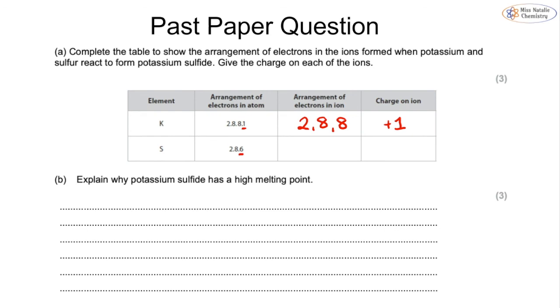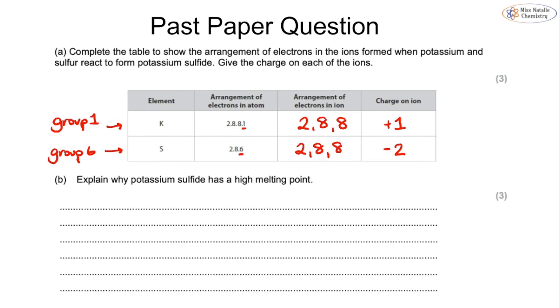Well, we know it's going to want to gain 2 electrons to make it 2,8,8, and that will become a 2 negative ion, because we have group 1, which forms 1 positive, and group 6, which forms 2 negative. You learned that back in the table previously in this video, so do make sure that you have that memorized because you can be asked about it.